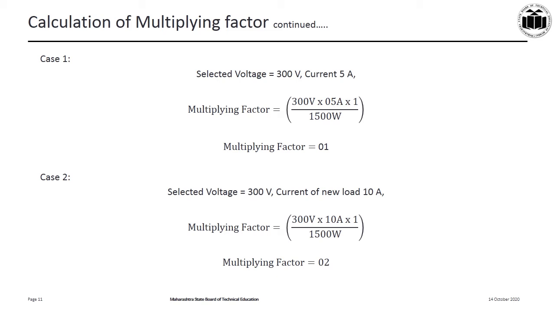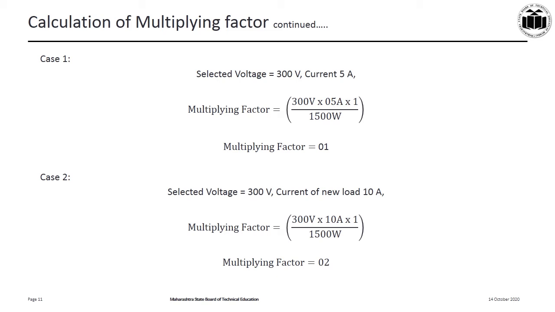The calculation will be 300 multiplied by 5 multiplied by 1 and divided by 1500 watt. The calculated value of multiplying factor comes out to be 1. So the reading for every load value will be multiplied by 1 while entering into the observation table.